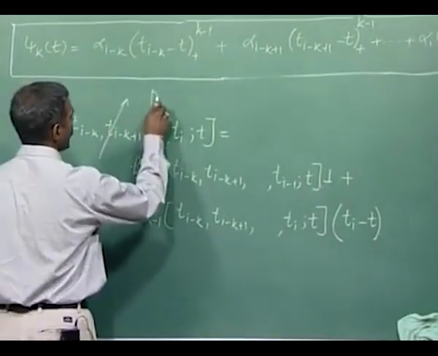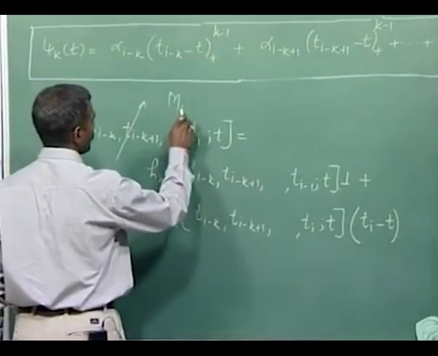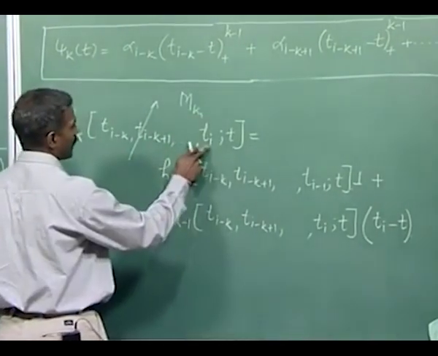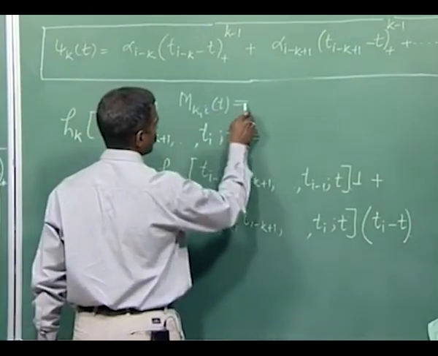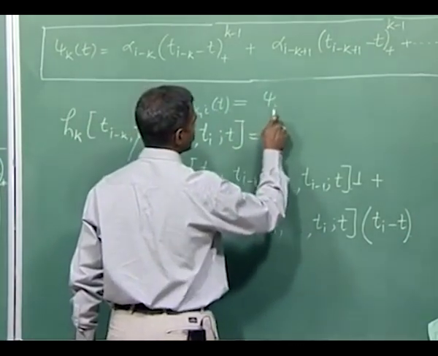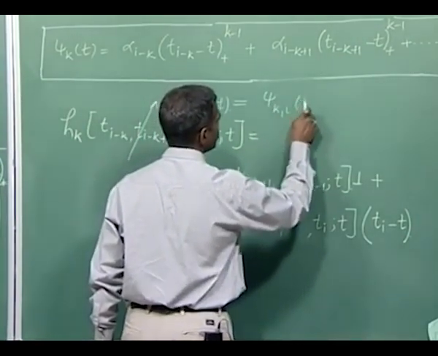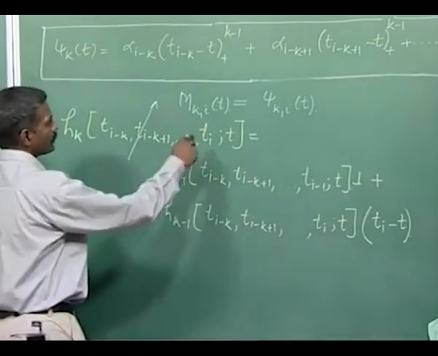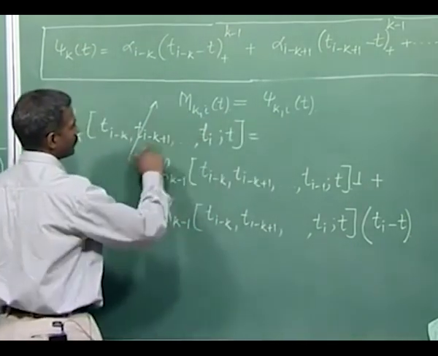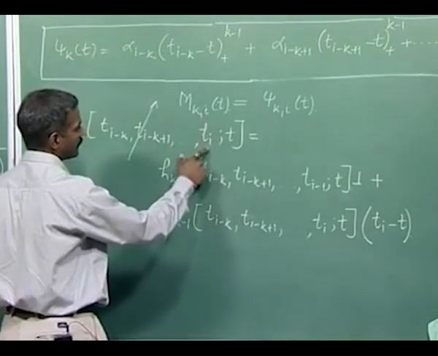This should be M_k, and the last knot is t_i. Also, this is psi_{k,i}(t). We have considered both conventions or both notations. You are free to use either psi or M. k is the order, i is the index of the last knot.